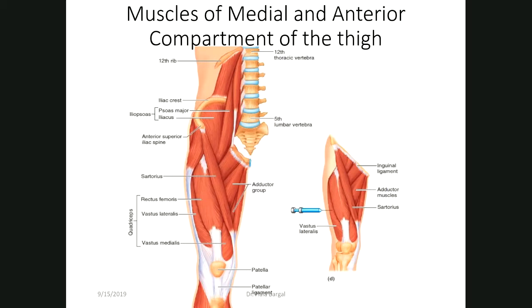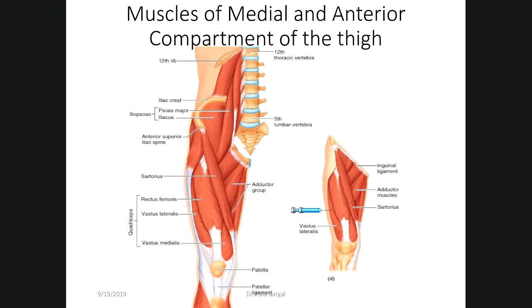This means that their main action is to pull the thighs together. So, the adductor group is formed of gracilis, adductor longus, adductor magnus, adductor brevis. Okay, this is the adductor group. The lateral group, which we call the iliotibial tract, is responsible for shaping the lateral side of the thigh.